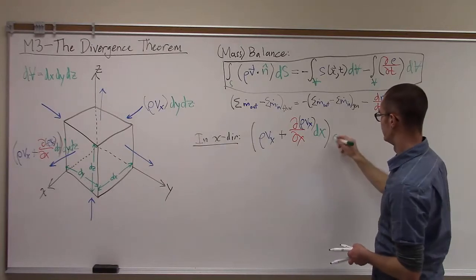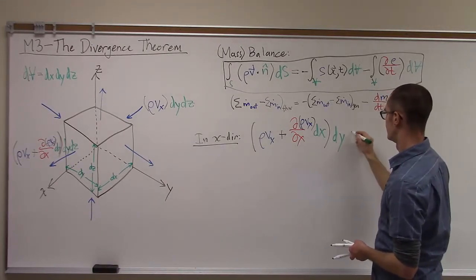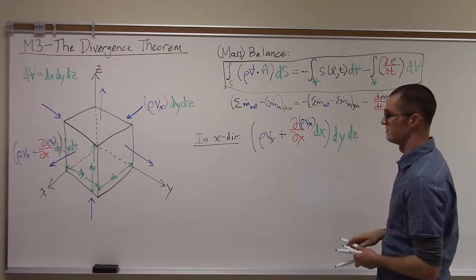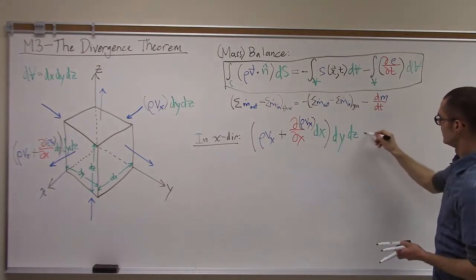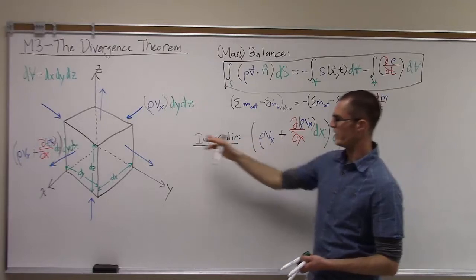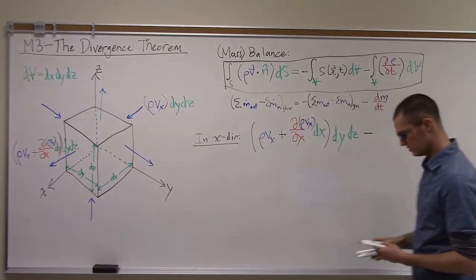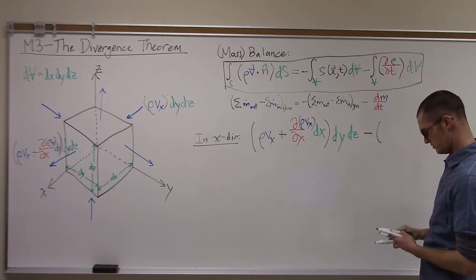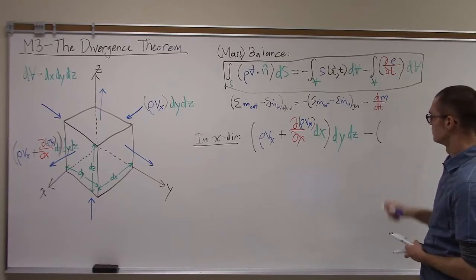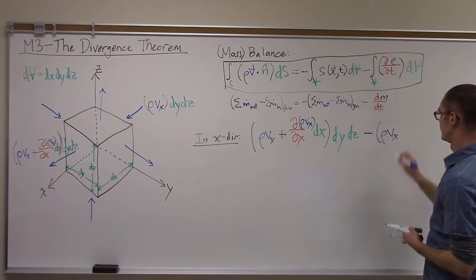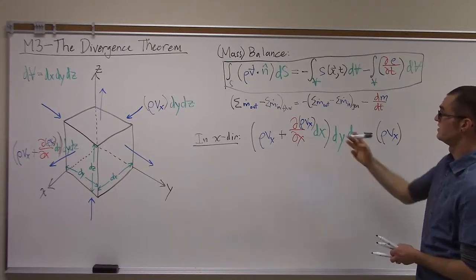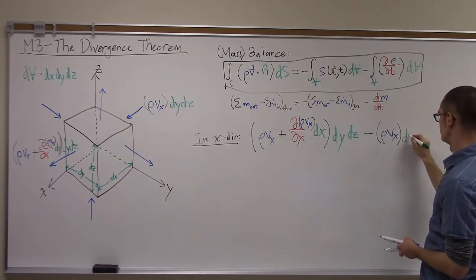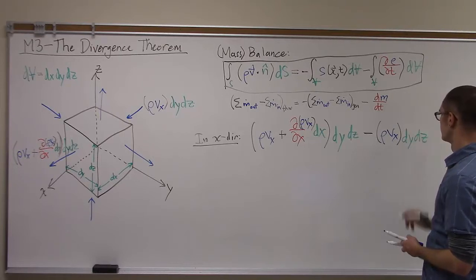And then that whole thing is multiplied by the area, ds, which is equal to dy dz on this face, minus the flow rate in on this face. So we have rho vx, again multiplied by ds, the area of that face, so dy dz.